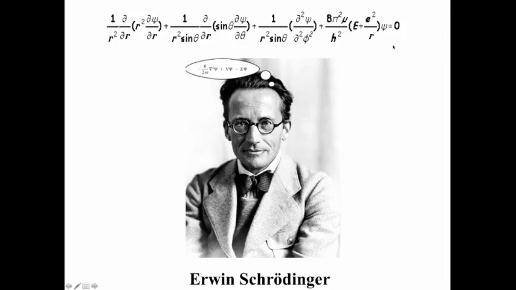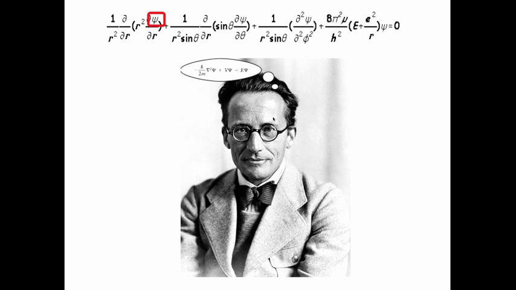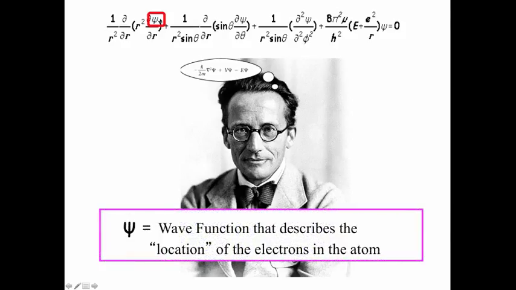And now with the advent of powerful computers and programming, we can actually get pretty good approximations for even big complicated molecules. But this is quite outside the scope of our class. We're just going to look at some of the results of the theory, what we have as an understanding of electronic structure. In this complicated equation, the Greek letter psi represents something called the wave function.